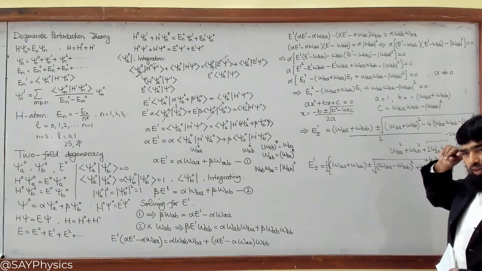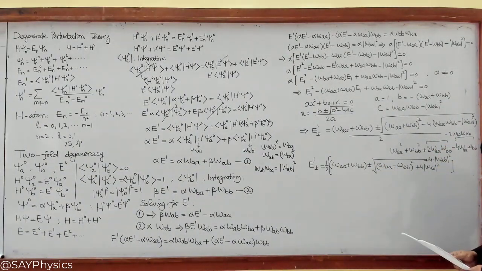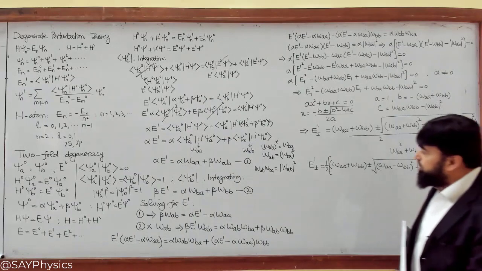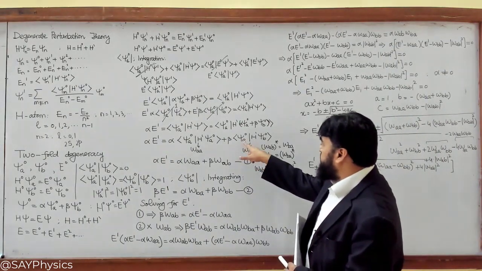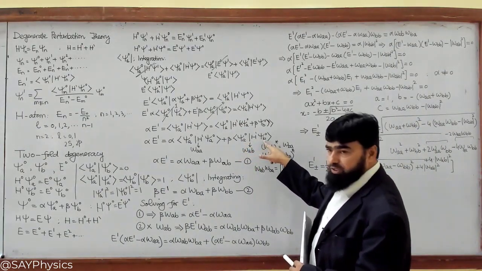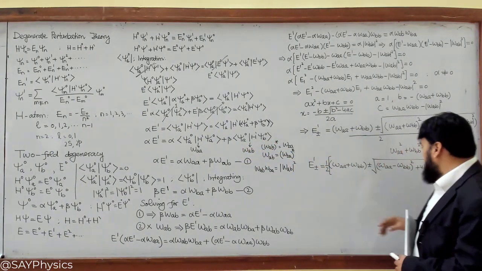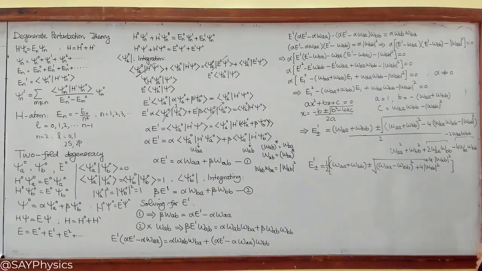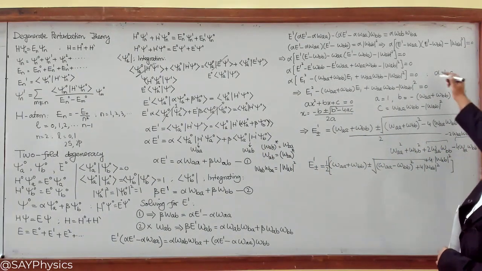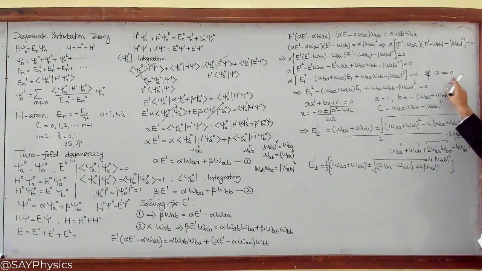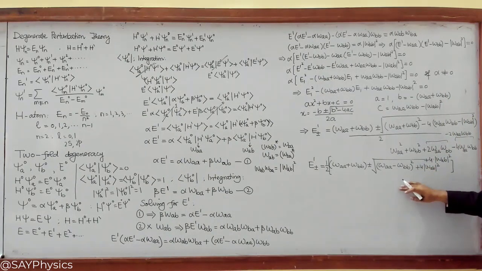With this we will find this value, but first we will confirm whether WAB can be 0. What is WAB? WAB is this one. When A is here, B is here, or B is here, A is here. So both are right. So look here, we have assumed that alpha is non-zero. Then the E plus minus values are equal to this.